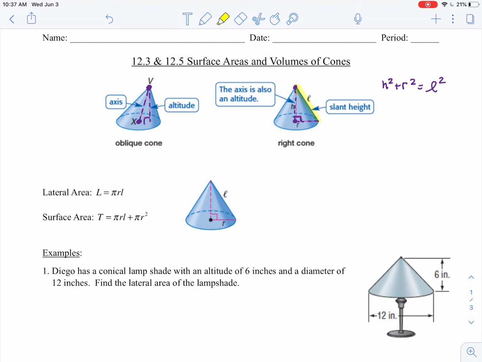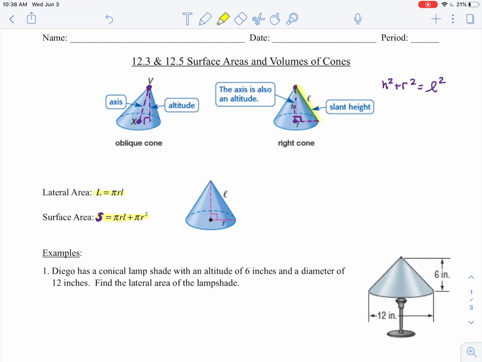When you take a look at the formulas for the areas of a cone, we have the lateral area of a cone, pi r L, so pi times the radius times the slant height. And then our surface area formula, just like for all of our other shapes, is our lateral area plus the area of the base.